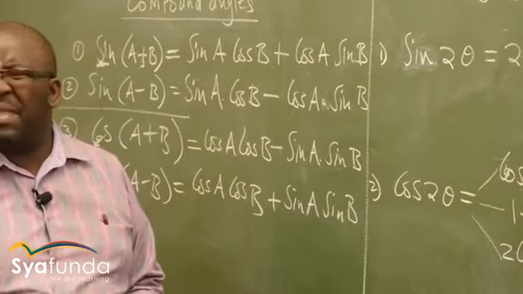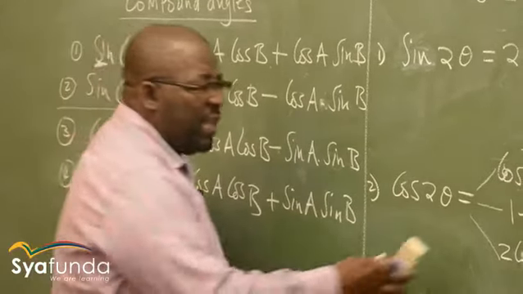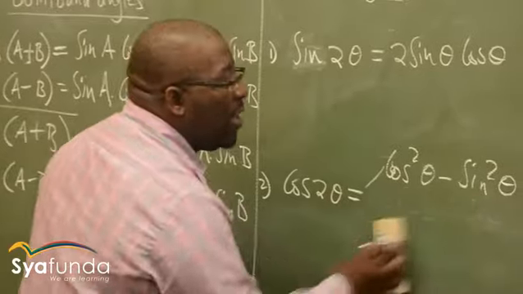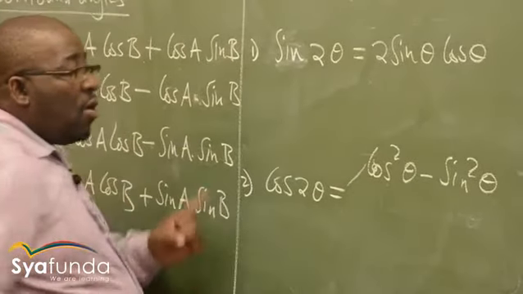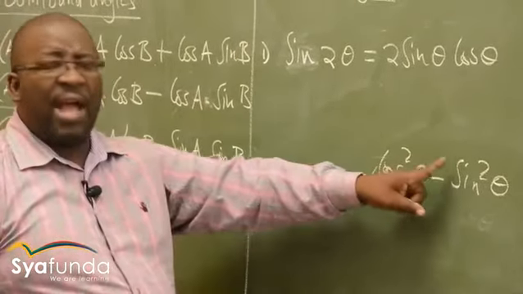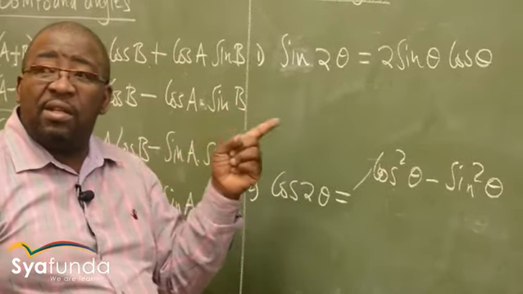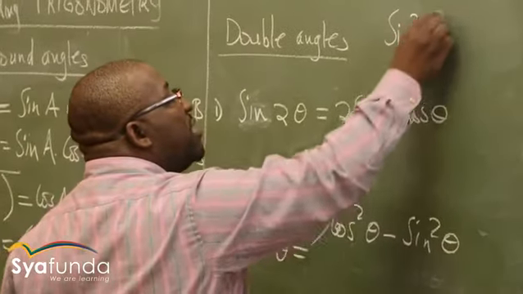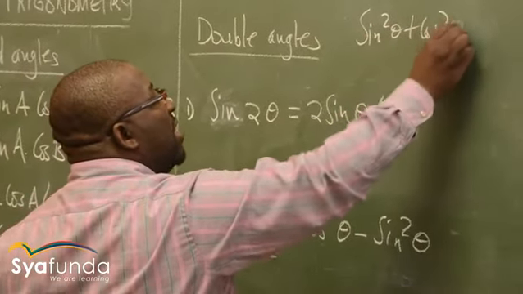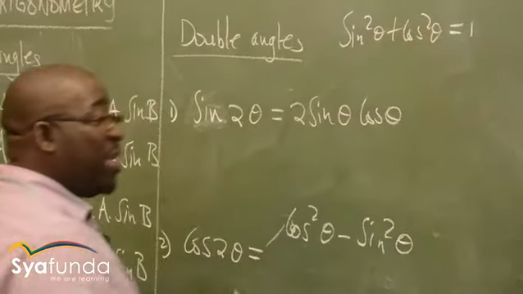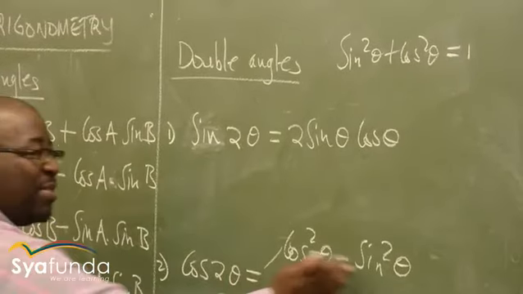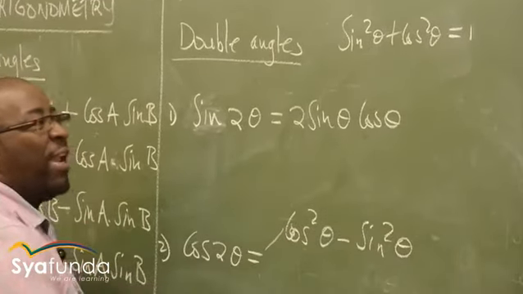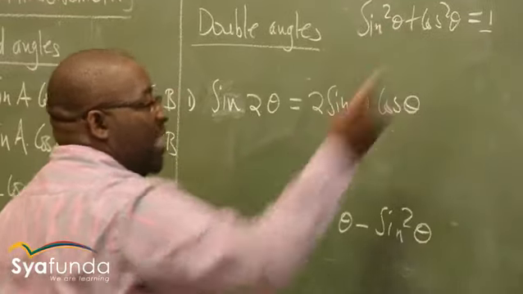But how do I remember them? This is how I remember them. Once I have the first one, when I look at this one, this is squared. I think of the square identity, the Pythagorean one, the one that says sine squared theta plus cos squared theta is equal to 1. This is my way of remembering the other 2. When I look at this one, I'm short of 1.